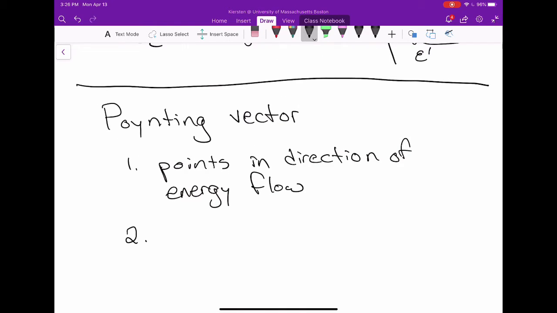And two, it says the power density of the wave.